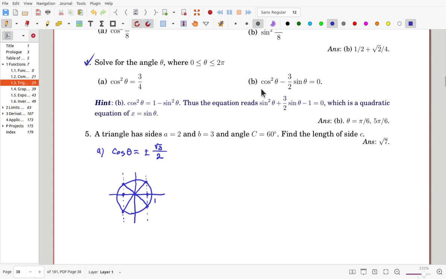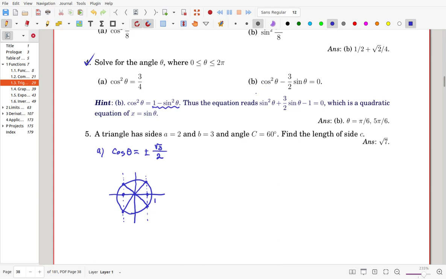Now, for the next problem, I put a hint here. Because cosine and sine are combined, it is not easy to deal with, so we have to unify to cosine or sine. Cosine squared theta is the same as 1 minus sine squared theta, and we replace that portion.